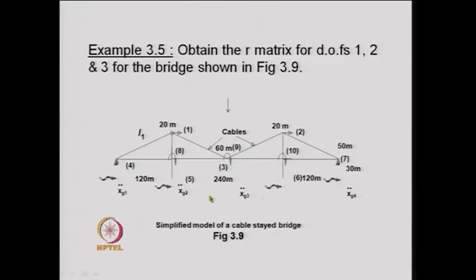At these 4 supports the ground accelerations were different, and the degrees of freedom that we considered were 3 degrees of freedom: at the top of the 2 towers we have 2 horizontal degrees of freedom, and the vertical degree of freedom is considered at the center of the deck.